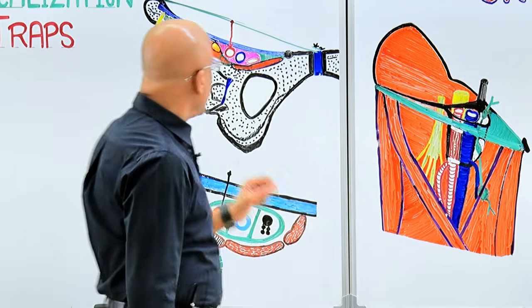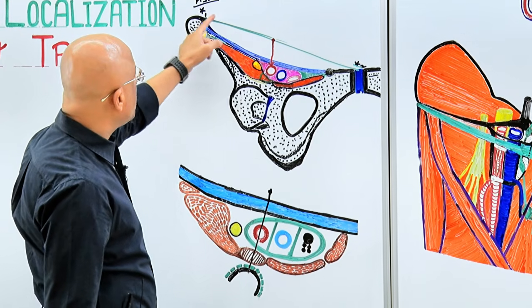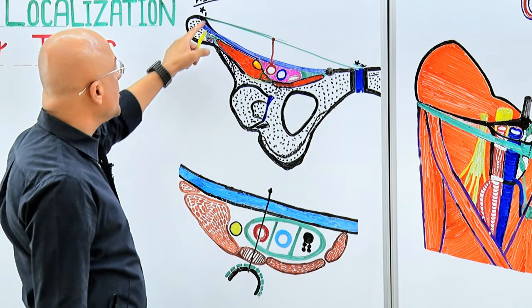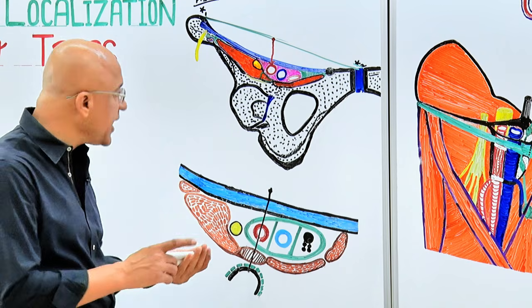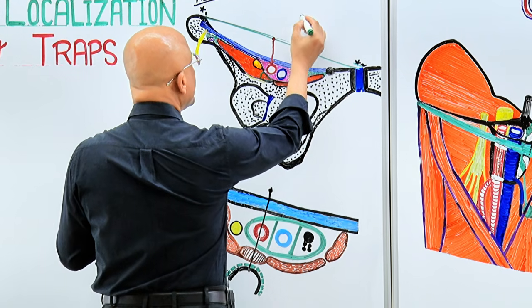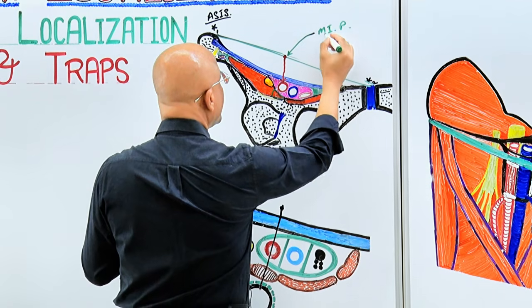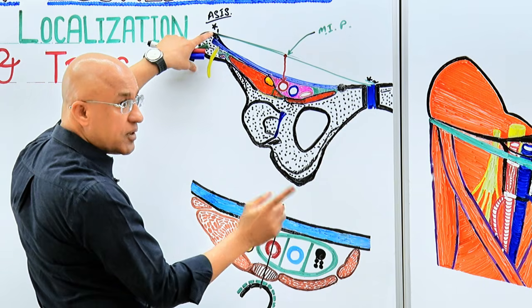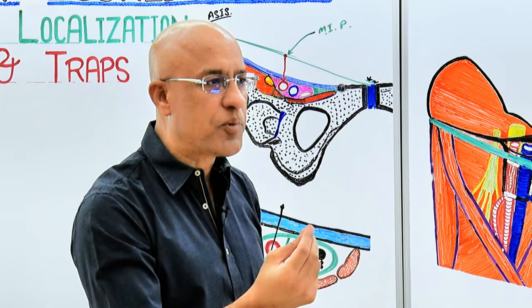Now, what is the name of this point where you are compressing? This is called the mid-inguinal point. Again, I will repeat. What is the mid-inguinal point and what is its clinical importance?